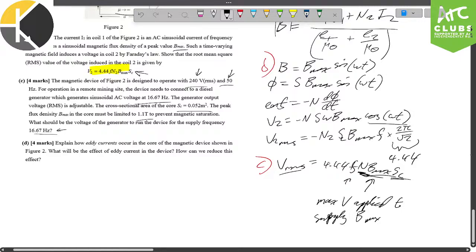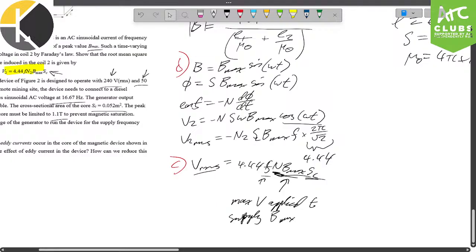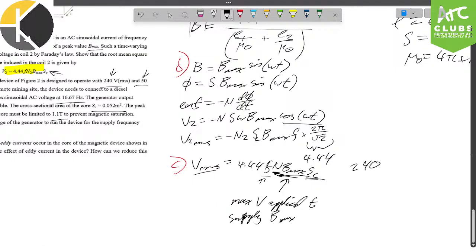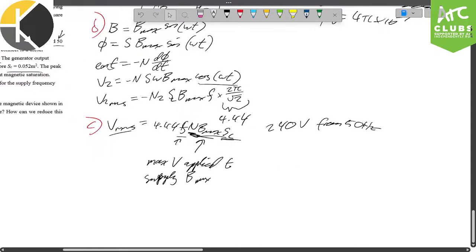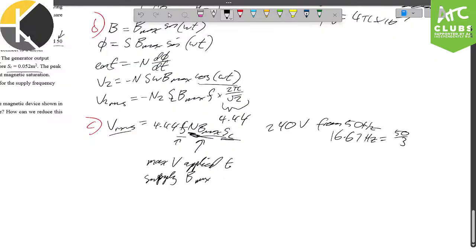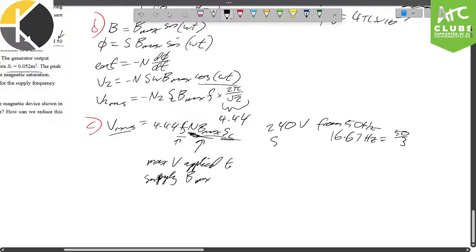Now we need to consider VRMS in terms of f, and as I mentioned before, this is a linear relationship, and so I said 240 comes from 50 hertz, and so funnily enough, if I look at 16.67 hertz equals 50 on 3, I kind of just divide the voltage by 3 because the frequency gets divided by 3, which is rather strange. So I say 80 volts from that many hertz.